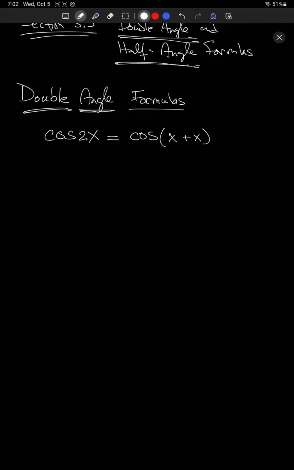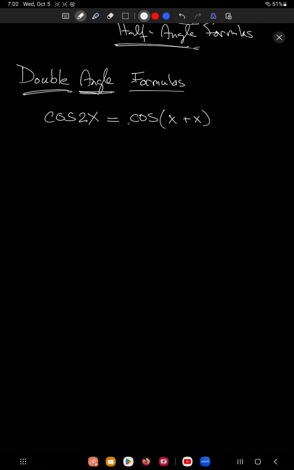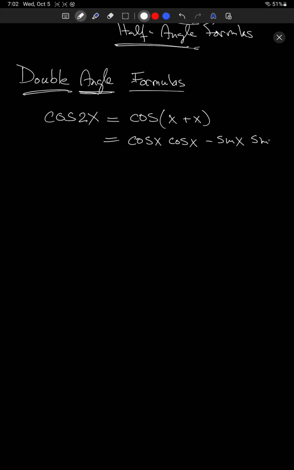The reason we're writing it like this is because now it's in the form cosine of something plus a second thing. And so we can use our cosine identity to say this is cosine of the first guy times cosine of the second guy minus sine of the first guy times sine of the second guy.